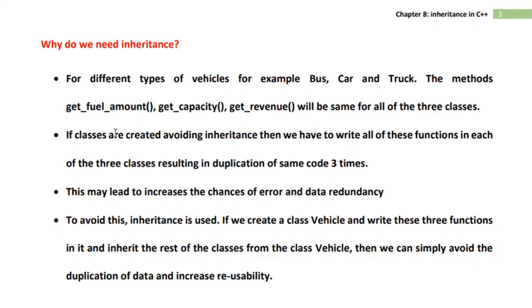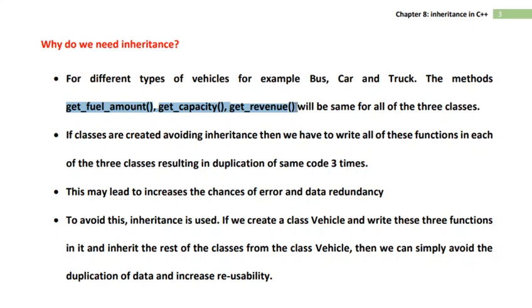Now let us try to understand why we actually need inheritance. Let us consider an example. Let us consider there are three vehicles: bus, car and truck. For these three types of vehicles, methods like get fuel amount, get capacity, get revenue are important functions.